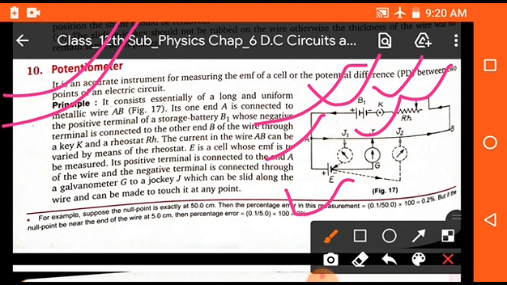So there is a point where, if we touch the jockey, no deflection takes place in the galvanometer. At that condition, we can say that it is a balance condition or null point condition, because in the null point condition there is no deflection in the galvanometer. Okay, students.